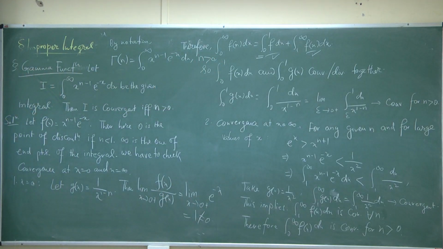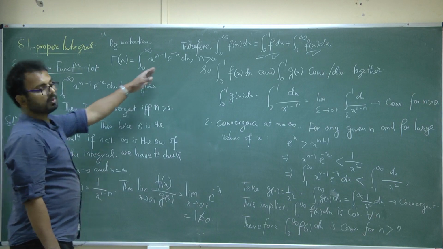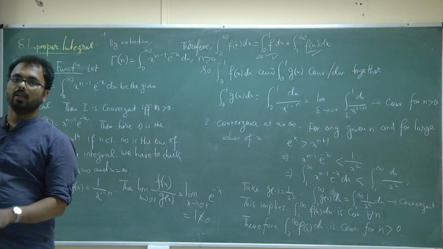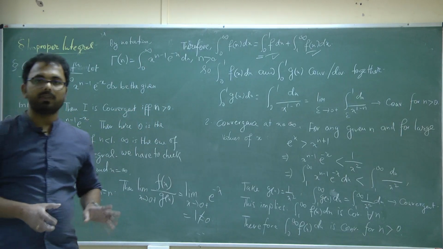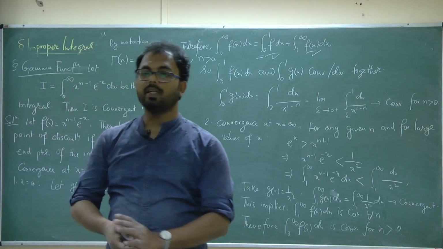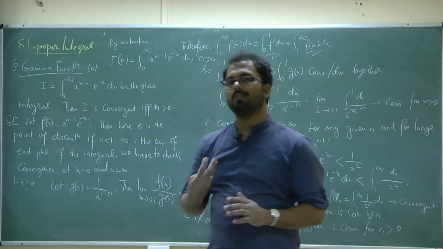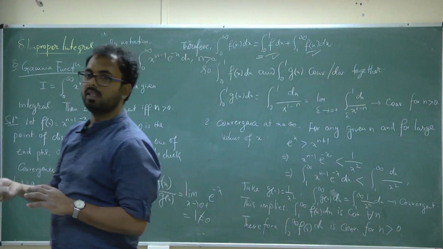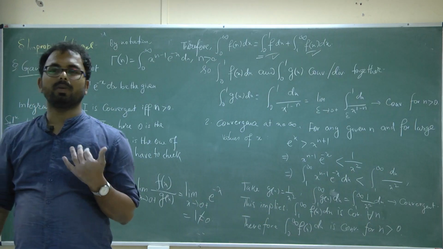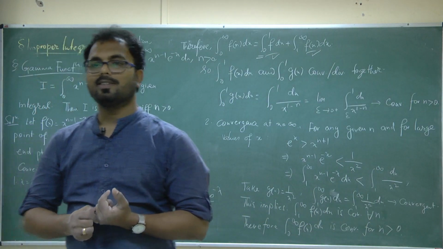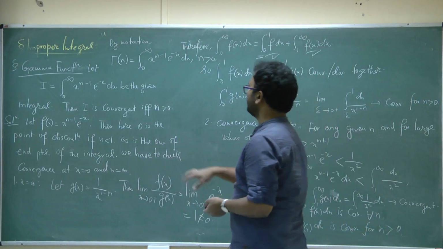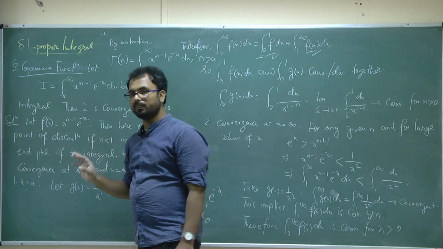Since we are doing the integration with respect to x, after we are done with the integration, we will have a term left only with n, and therefore the right hand side will eventually turn into a function of n. Hence we are writing it as some function of n, f of n. That f is denoted by gamma. Hence the term gamma integral or gamma function, because it ends up being a function of n.